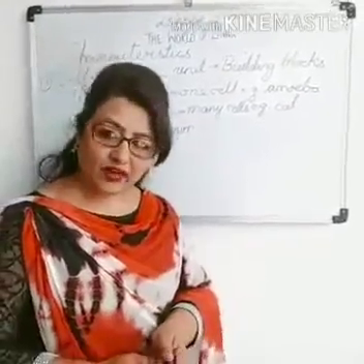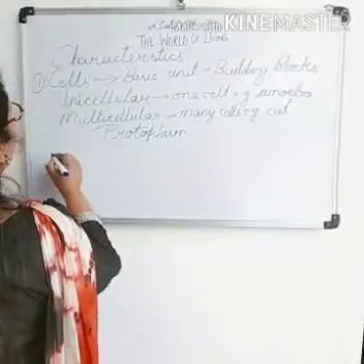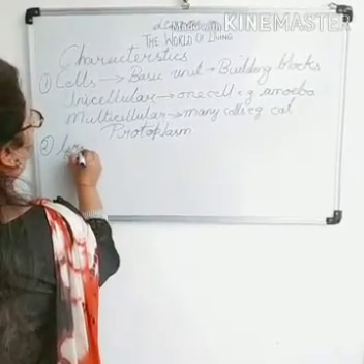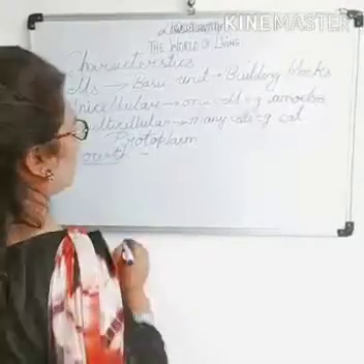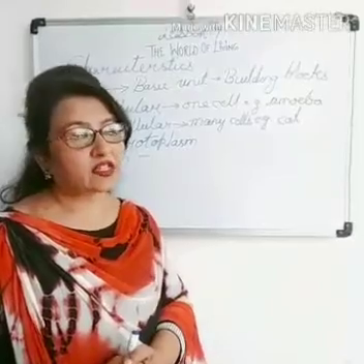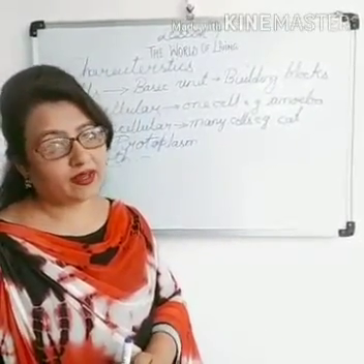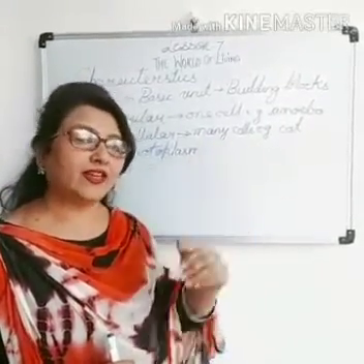The second characteristic of living things is growth. All living things grow. You have seen a small puppy, and slowly it grows into a big dog. A small baby grows a little bit bigger and then finally into an adult.